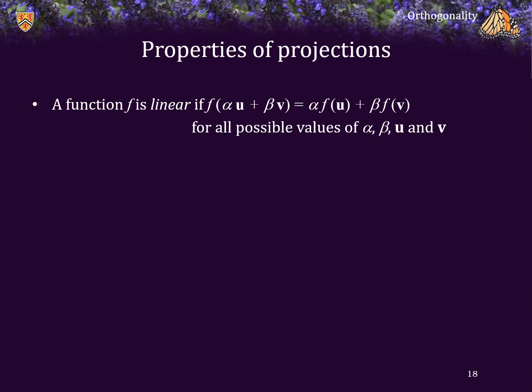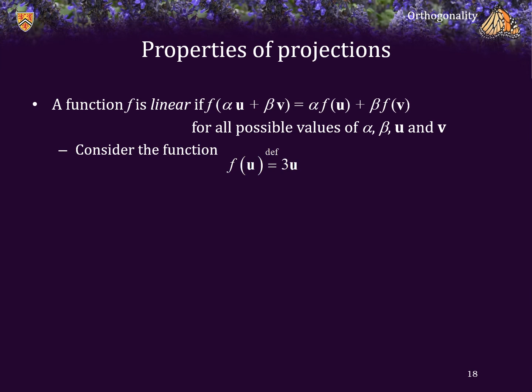Now, a function f is said to be linear if f of a linear combination of vectors is equal to that same linear combination of f applied to each of those vectors for all possible scalars alpha, beta, U, and V. So here's an example of a linear function.